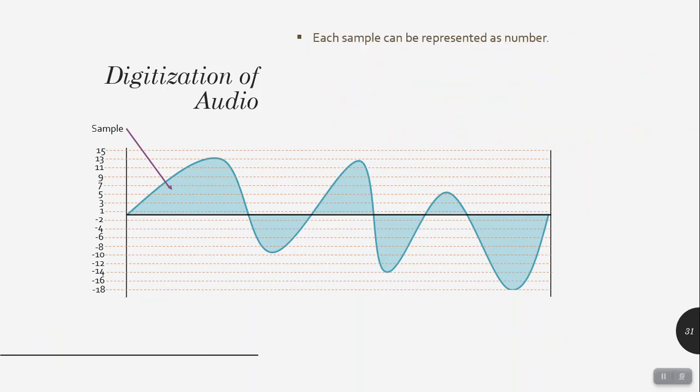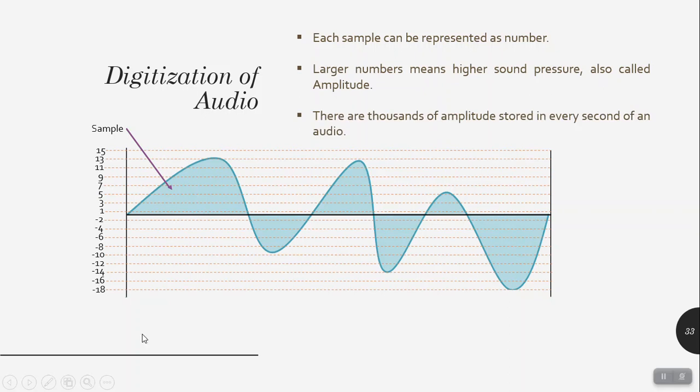Each sample can be represented as a number. As you can see here, these are the levels or numbers that can be used in sampling this waveform. And then these are the samples. Larger numbers mean higher sound pressure, and it is called the amplitude. And here is the amplitude, the higher sound pressures.